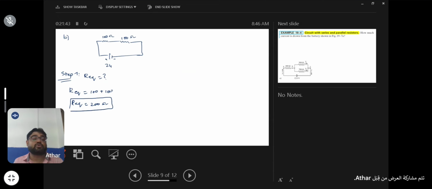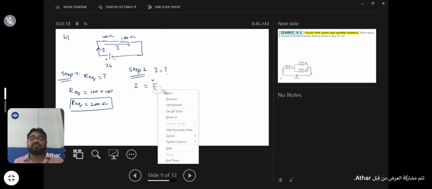Now the second step I told you is the total current. Total current passing through the circuit starts from the battery, and it's the same amount of current passing through the resistances. It is series. So we will not say I1 and I2, because it's the same current provided by the battery. I will say I is equal to V over R equivalent.